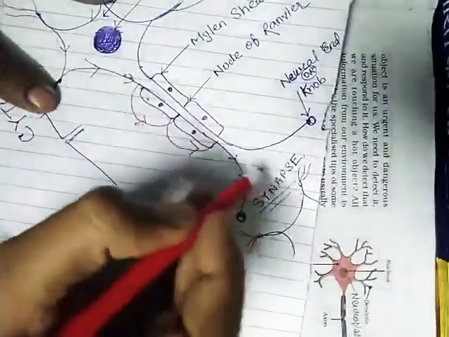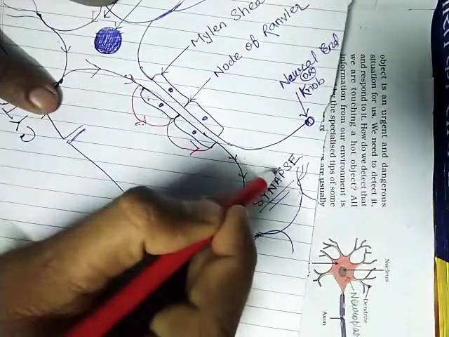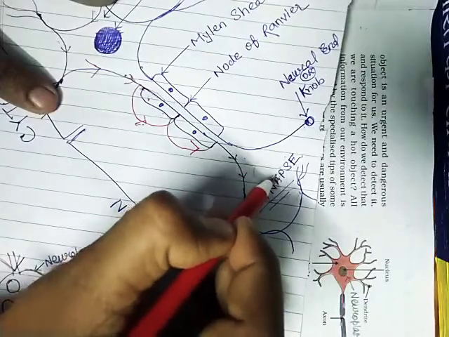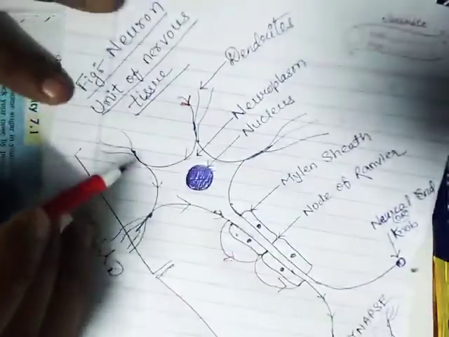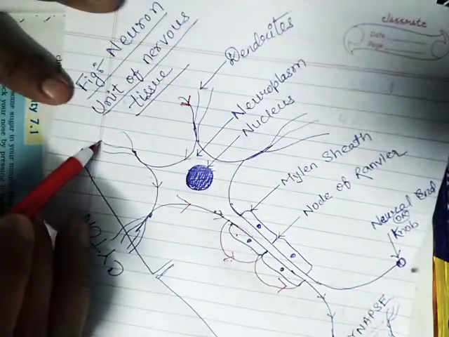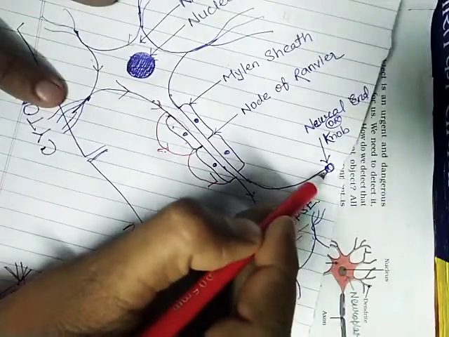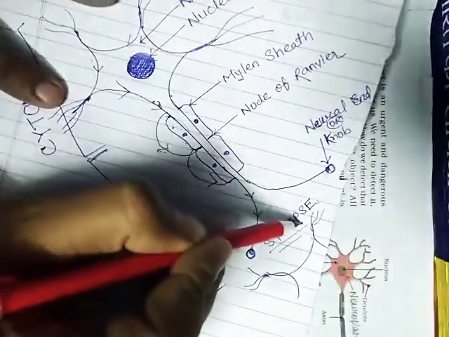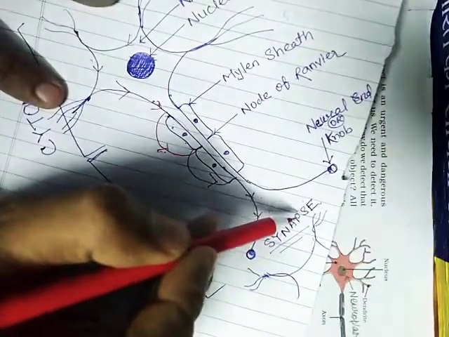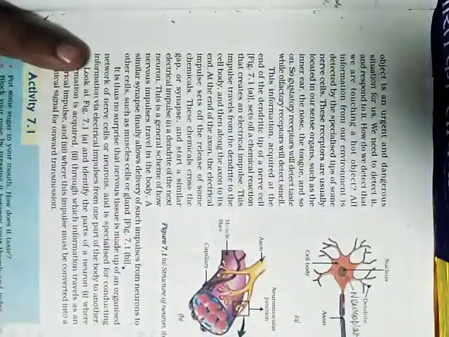This neurotransmitter fluid comes into the synapse in chemical form, and this chemical is transferred to the dendrites. That means the message travels from dendrite to the neural knob in electrical form, while the message from the neural knob to another dendrite through the synapse travels in chemical form. So this is how information travels between two neurons.